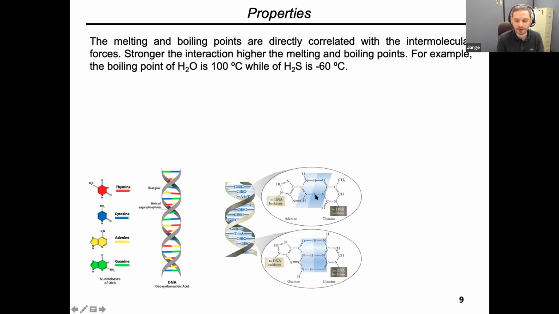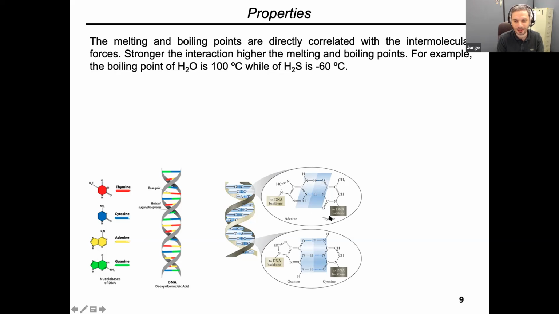So this hydrogen can make a hydrogen bond with another atom of nitrogen. And that happens here at the top of the structure as well. Another hydrogen bonded to a nitrogen. Therefore, this hydrogen can form a hydrogen bond with the oxygen here on the top of the other nitrogenated base.